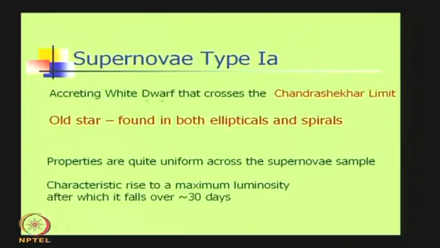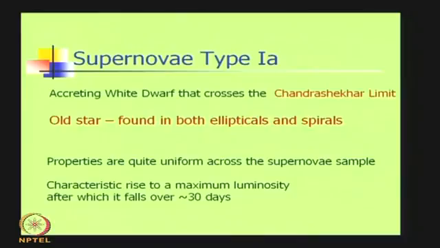This is what is seen as a supernova of type 1a, and these are old stars because both the stars are pretty old, because one of them has already become a white dwarf. So these are found in both ellipticals and spiral galaxies. I have mentioned earlier that ellipticals have old stars only.